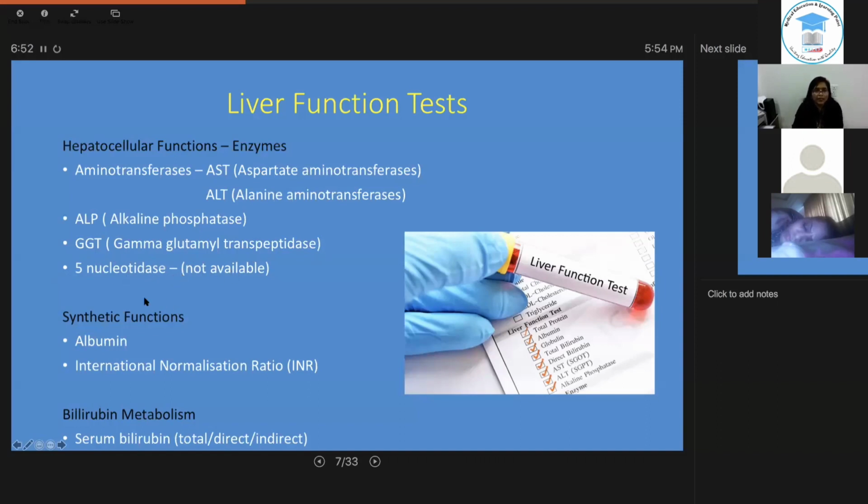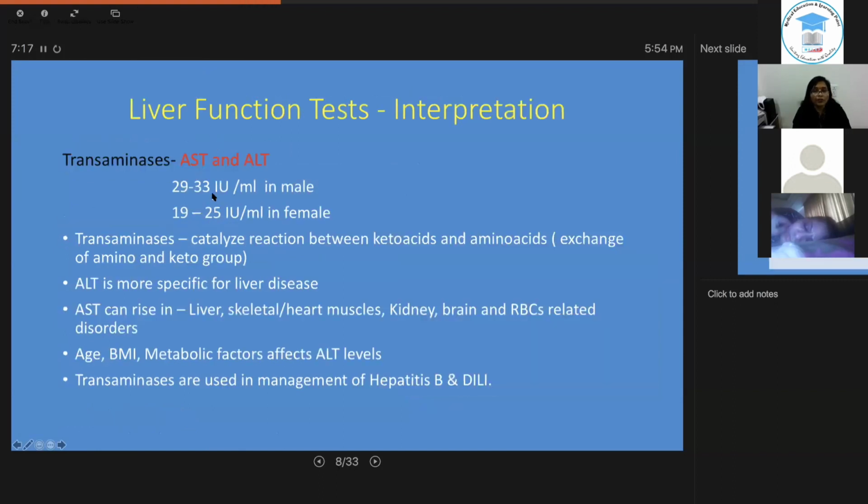Then comes the synthetic function of the liver, which can be assessed by seeing the albumin level and international normalized ratio, that is PT-INR. Then comes the bilirubin metabolism, in which we assess the serum bilirubin, which can be total, direct or indirect. So by getting all these tests, we get a lot of information. Let's come to them one by one.